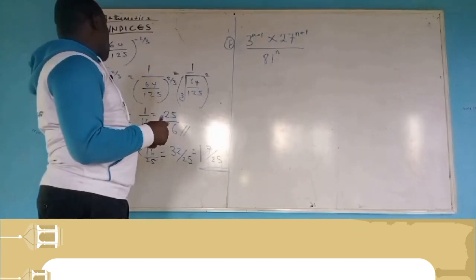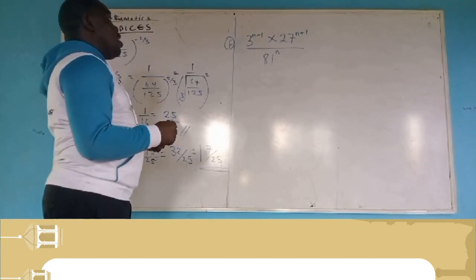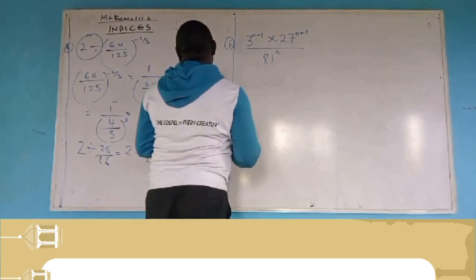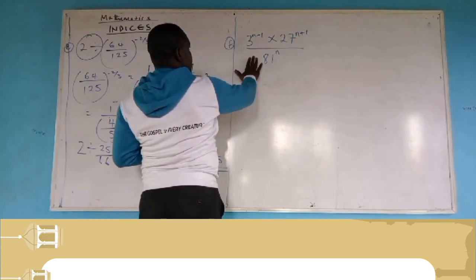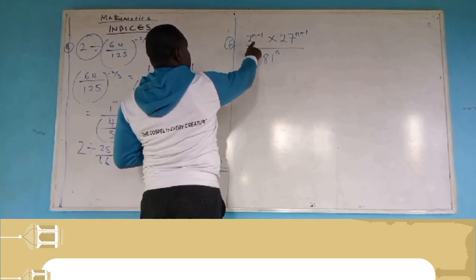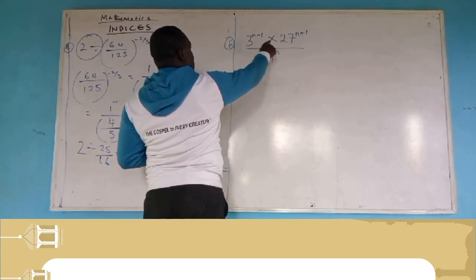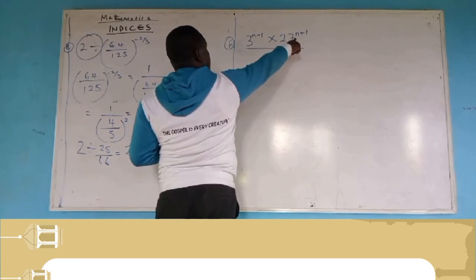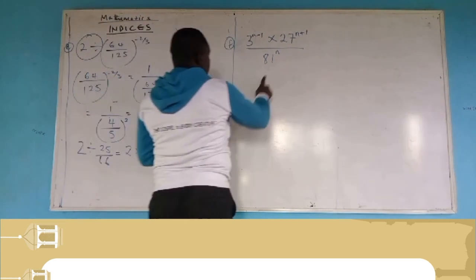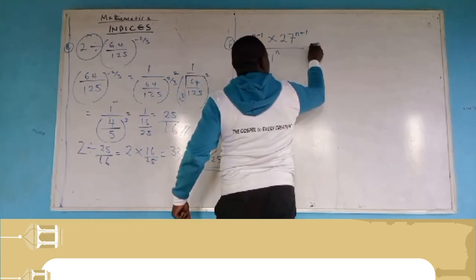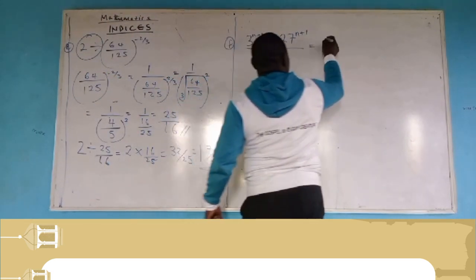Okay, we're solving our last question under this indices. So we're looking at the question now: 3 raised to power n minus 1 multiplied by 27 raised to power n plus 1, over 81 raised to power n. This is pretty simple.